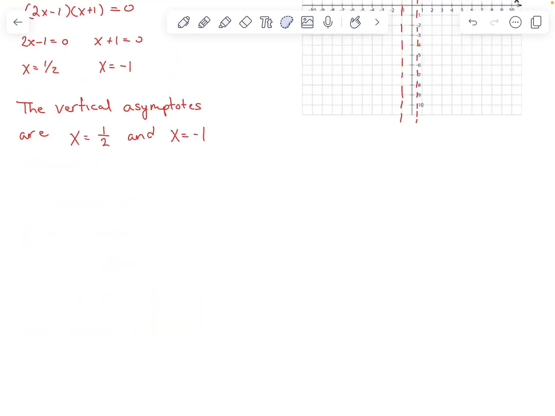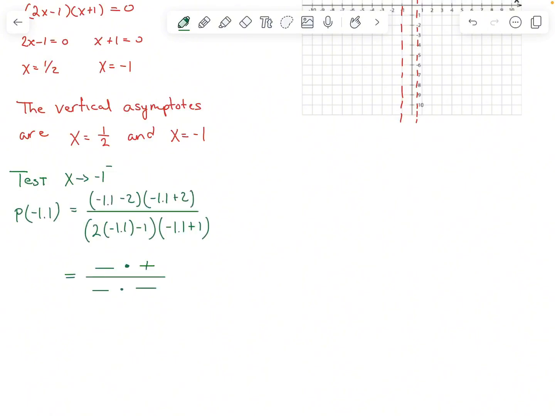Now I'm going to test various values of x to determine how the function behaves near its vertical asymptotes. So I'm going to start by testing a value of x that's to the left of negative 1. And I'm going to choose negative 1.1. So I've gone ahead and determined all of the signs of the factors of p of x.